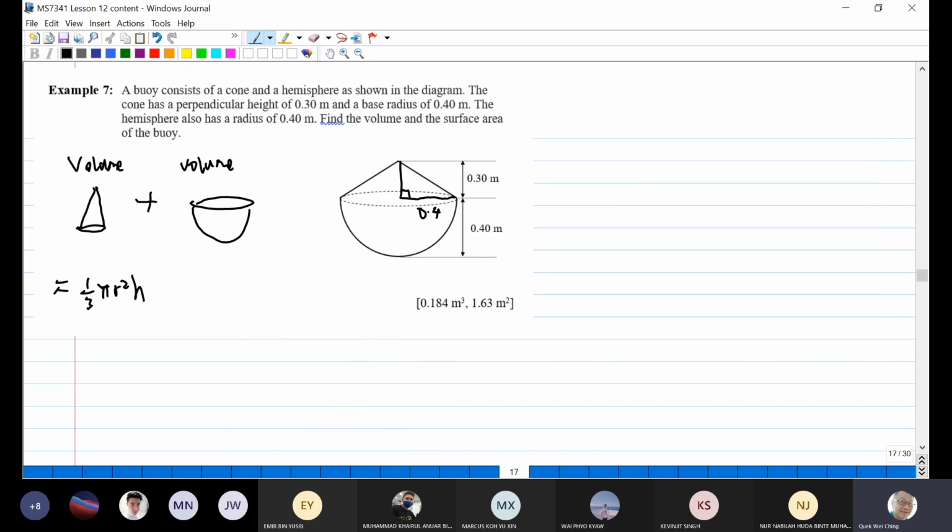So that is easy. What is r here? r is equal to 0.4, the radius of the base. Do you know what h is? The vertical height, right? So the vertical height is 0.3.